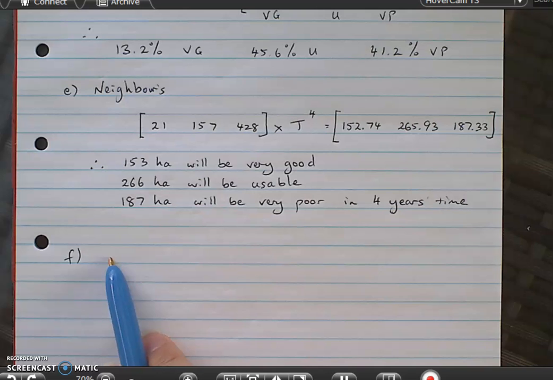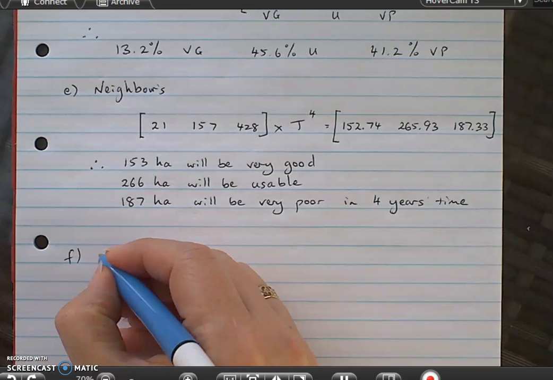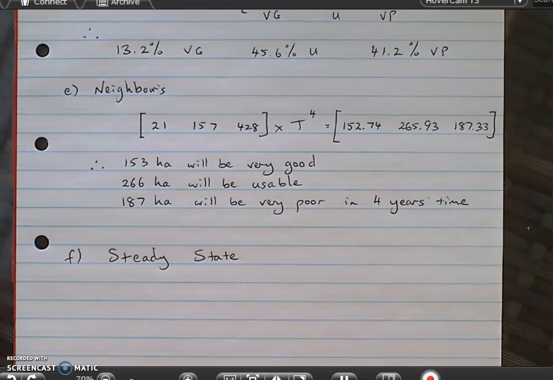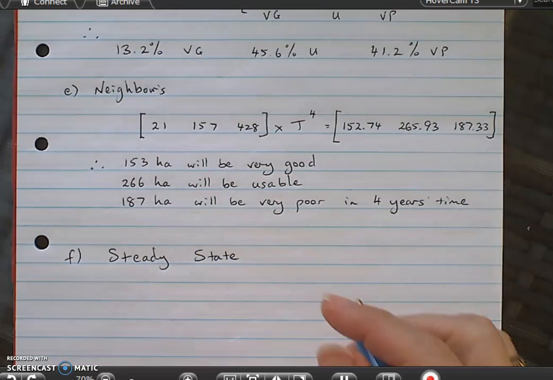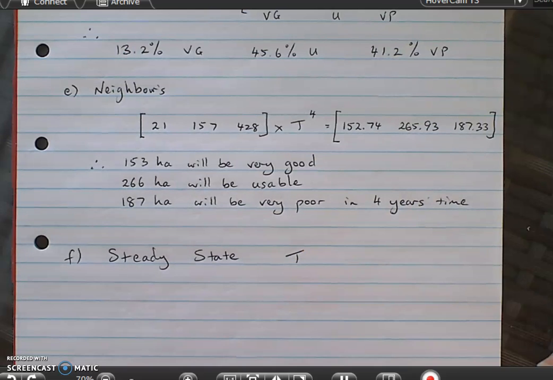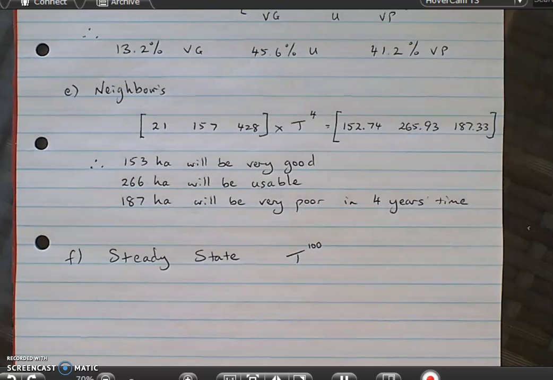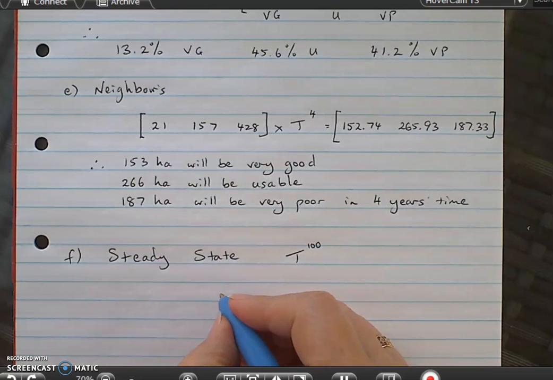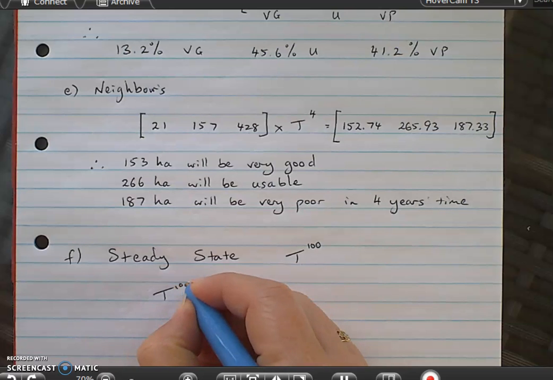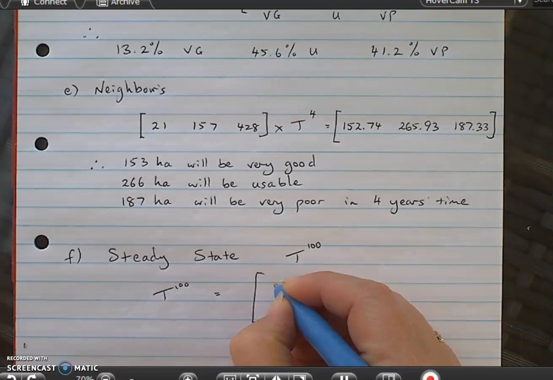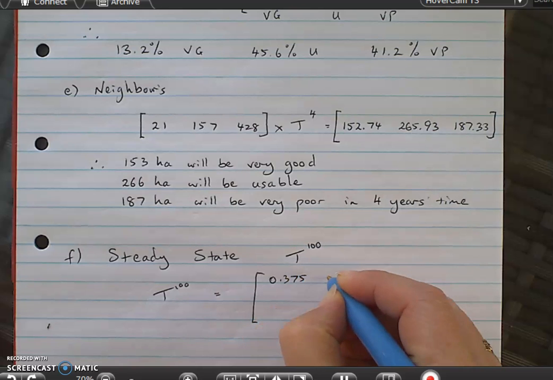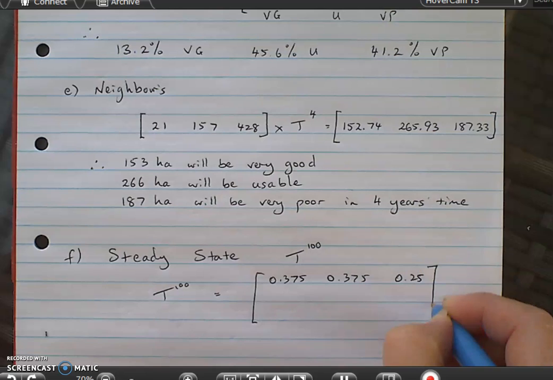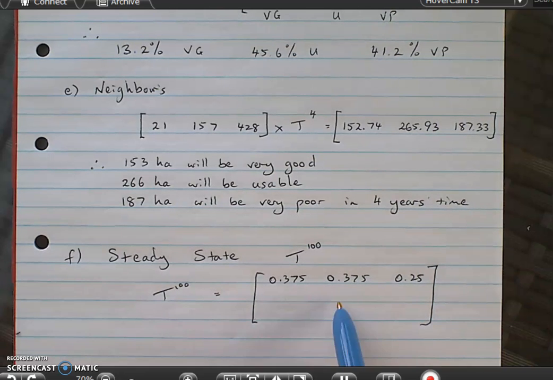So then F, it says what is the steady state? Now to do the steady state, the quickest way is really just go T to the power of a very large number and we'll go 100. Do that on the calculator and you should come up with T to the power 100, 0.375 and then 0.25 repeating. So each one of these will be the same.